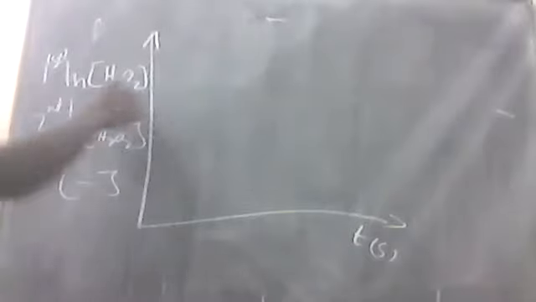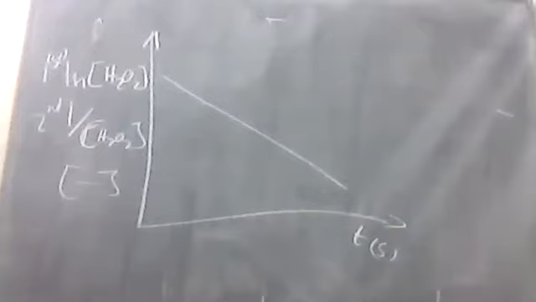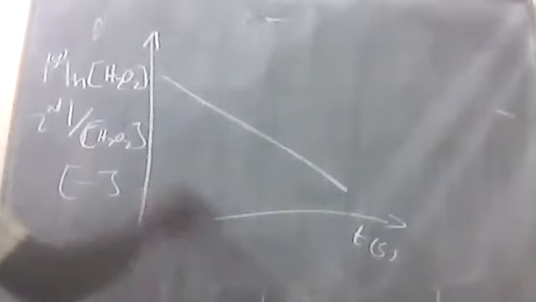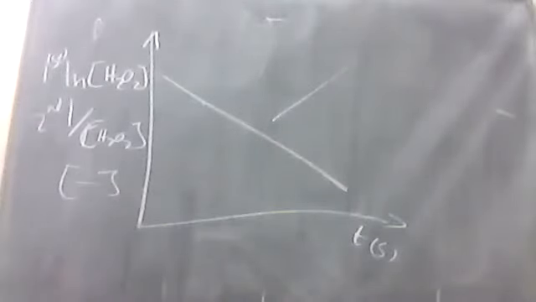If you get a linear slope for first order, then you know that the reaction is first order. For zero order, it also gives you a linear slope. For second order, this has to give you a positive linear slope. Then you know that it's second order.